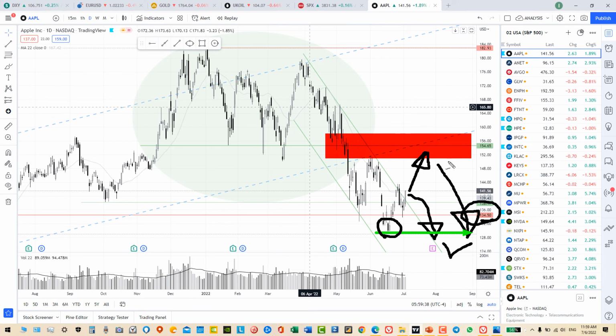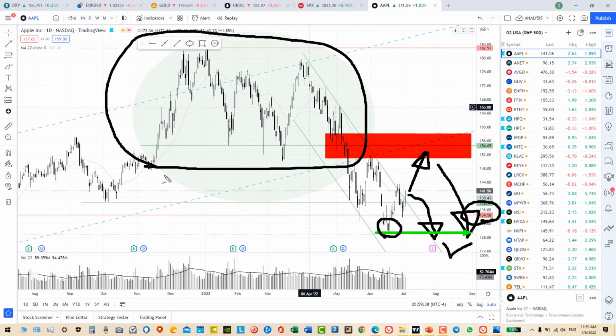Until the stock regains its bullish environment, I think this may take months, maybe more, maybe years. It may take 1 or 2 years to change this bearish environment. It will not be within a day or two or a month or two. It will take a long time to change the mindset of the investors in Apple, especially after the completion of this reversal pattern that took a long time.